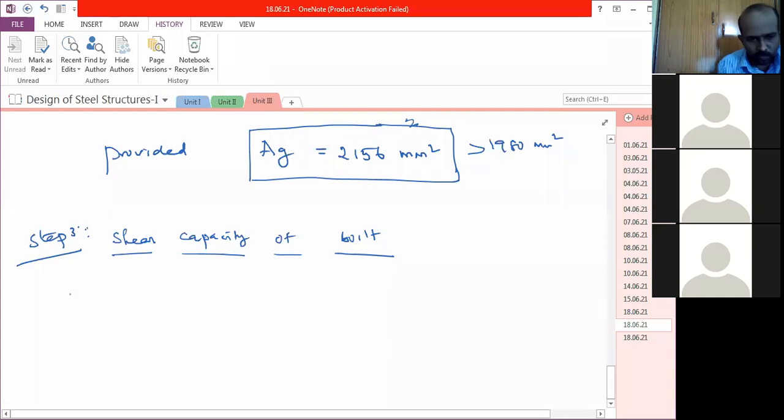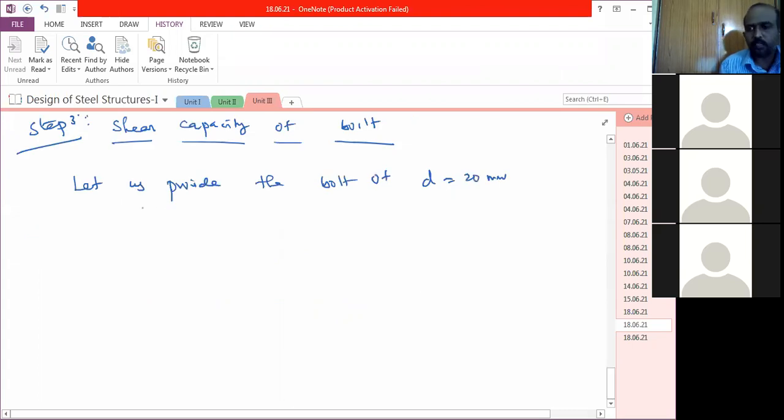Let us provide a bolt of diameter 20 mm. Then only we can calculate the number of bolts.